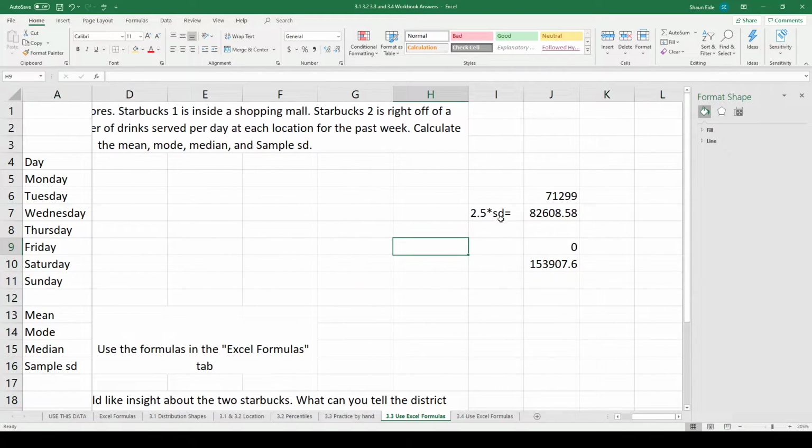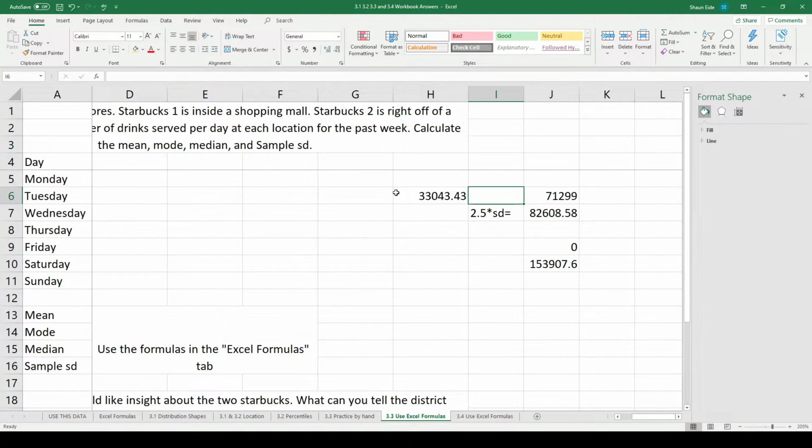If you come right over here, we've got the standard deviation, which on the previous slide we were able to see was $33,043.43.